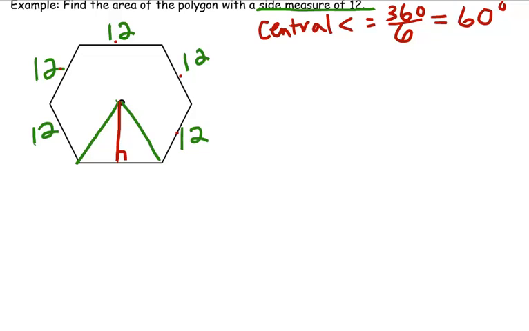Now remember that the central angle gets cut in half. So this angle is half of the 60, and that's going to be a 30-degree angle. So what kind of triangles are we going to have in a hexagon? We're going to have 30, 60, 90-degree triangles.